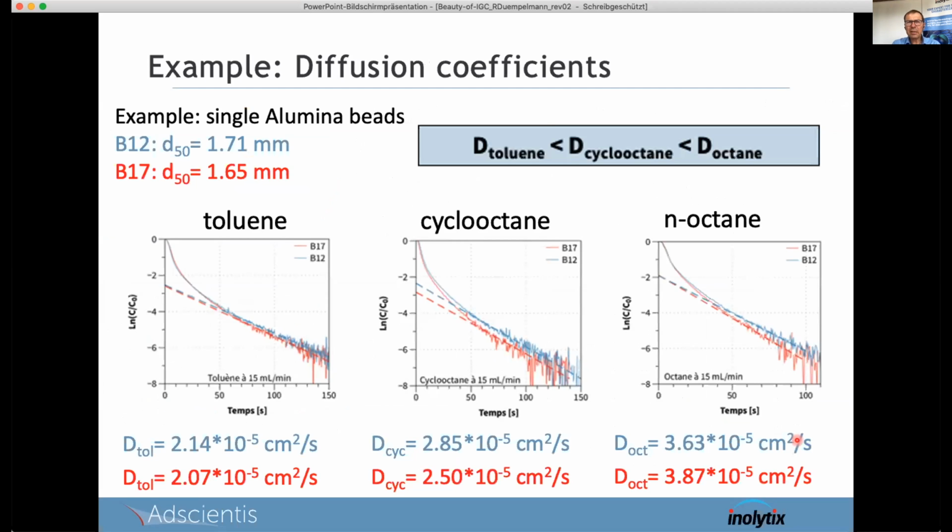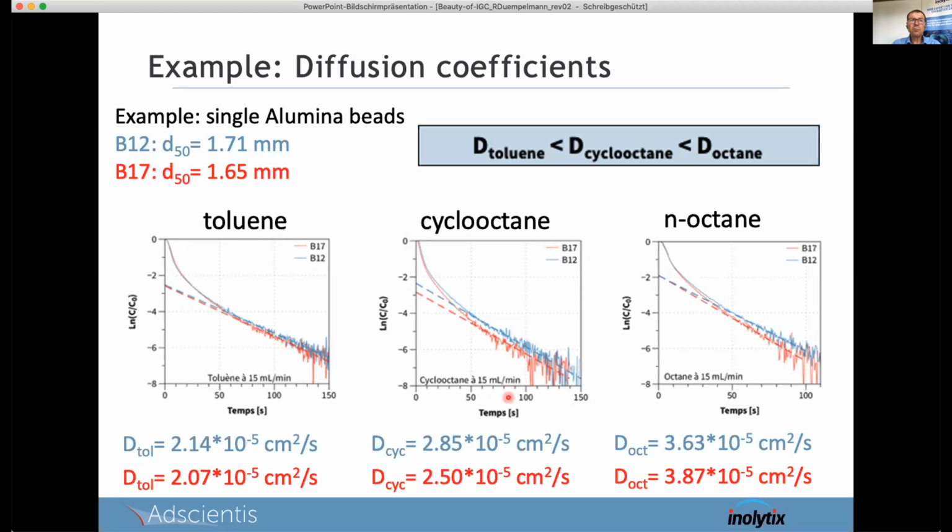Going to the examples now, we examined 2 different alumina beads. Slightly different diameter, but the diameter is part of the equation, so that can be done too. And here you see different diffusion coefficients of toluene, cyclooctane, and N-octane in these alumina beads and the practical measurements of this. You see also that there are different diffusion coefficients, quite different for the N-octane, which is larger numbers than cyclooctane and toluene also.